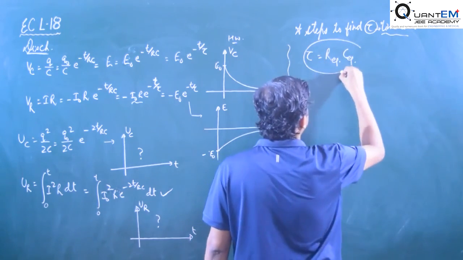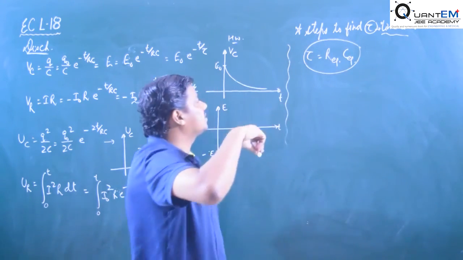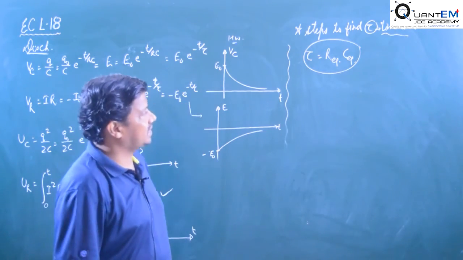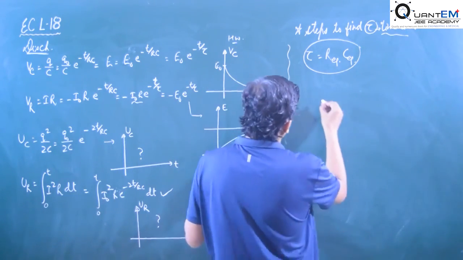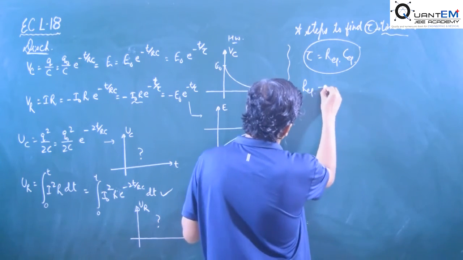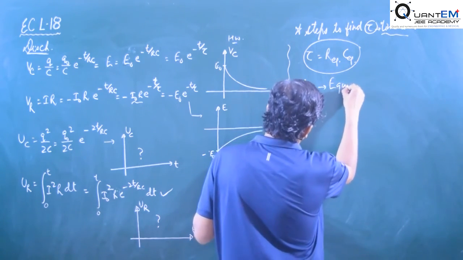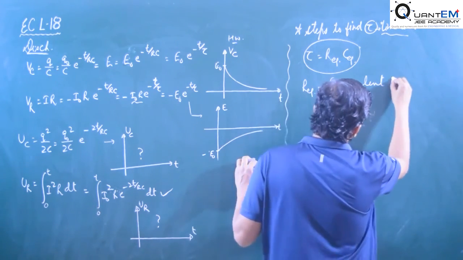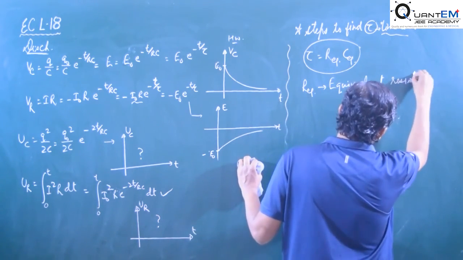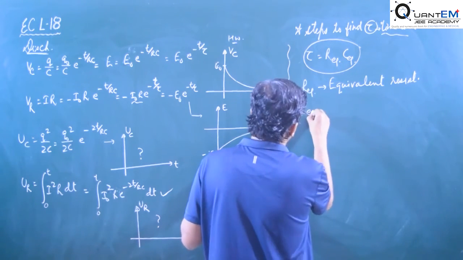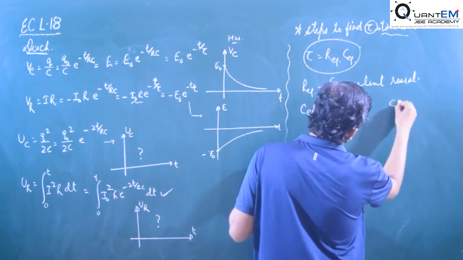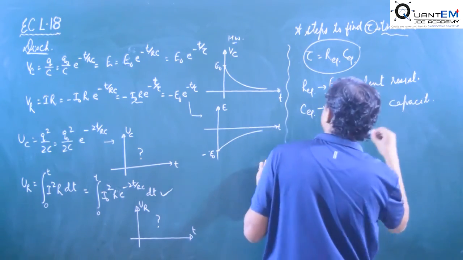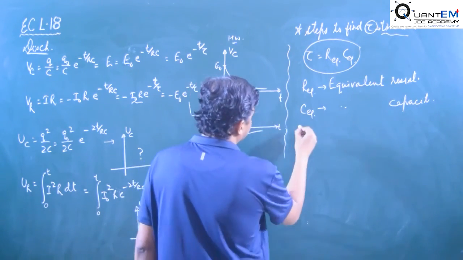For a given CR circuit with DC, the formula for time constant is this, during the charging process or the discharging process, where R equivalent is what? It is the equivalent resistance of the circuit, and C equivalent is the equivalent capacitance.